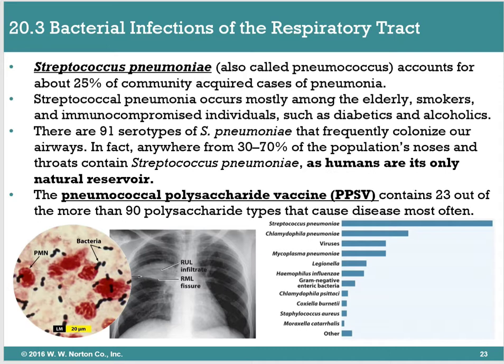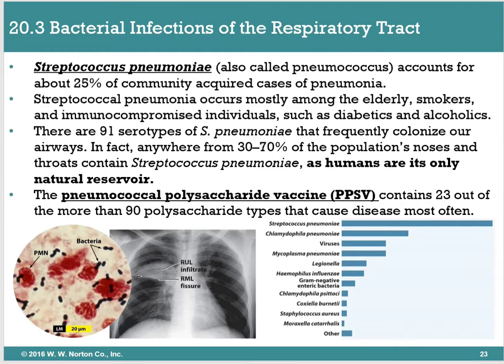There is a vaccine against it. It's not 100%, of course, just like any vaccine, but a lot of times you will encourage the elderly to get this vaccine in order to prevent S. pneumoniae, because pneumonia is very, very hard on the elderly patient. So there is a vaccine against it. So that's good.